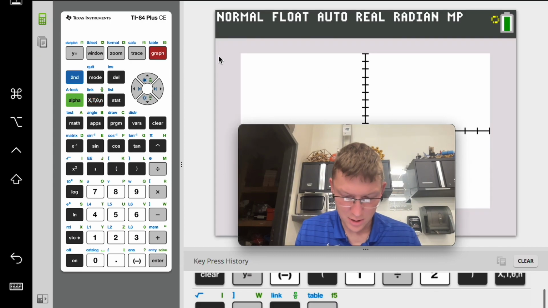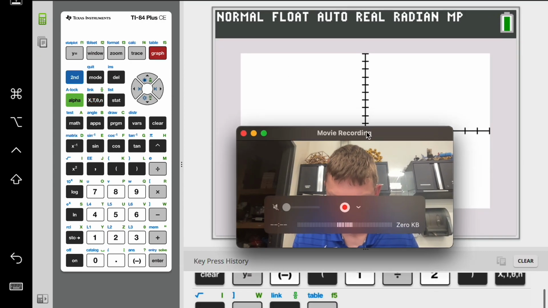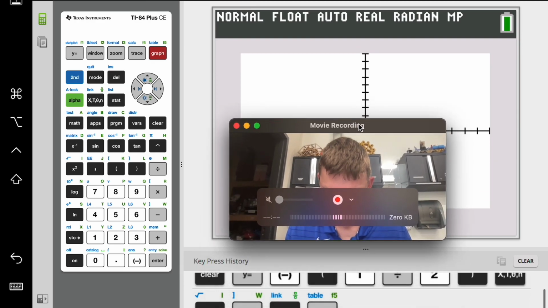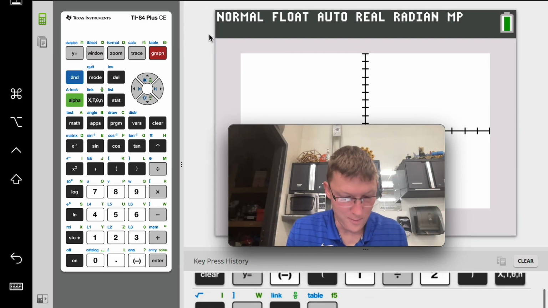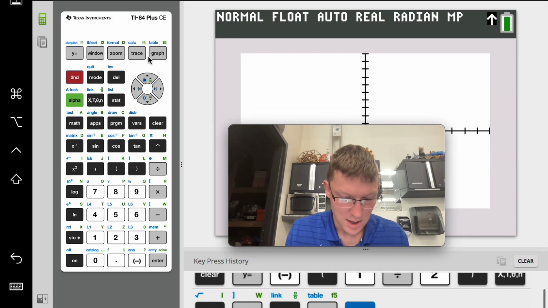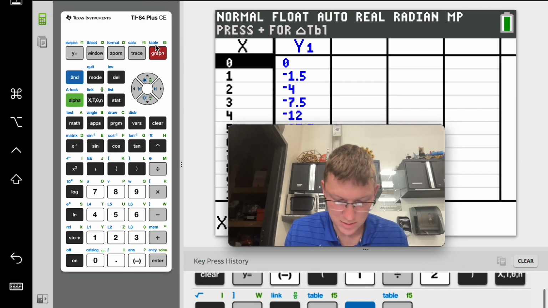So we can look at the graph. We can already kind of see it, except my face is in the way. But, you know, our math teacher is making us make a chart. So we want to figure that out. So instead of graph, we want to go up here to table. In order to get to table, we need to push second and then this button, which will take us to a table.